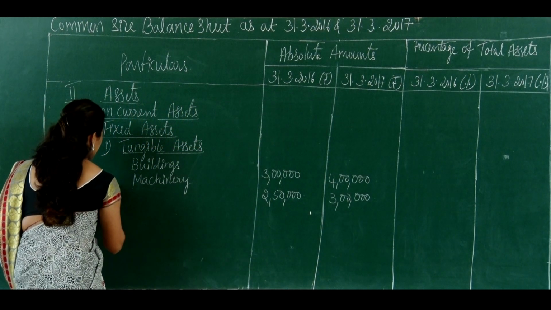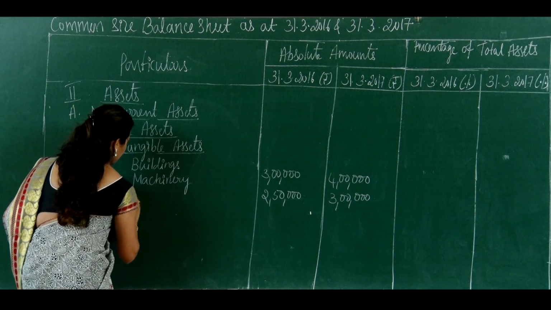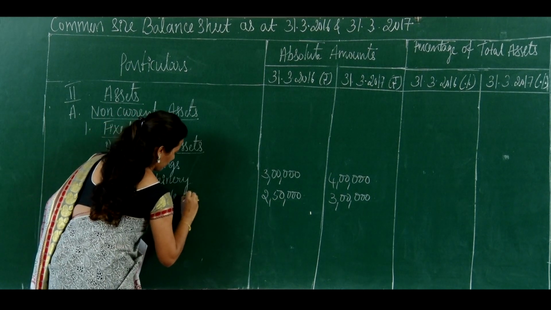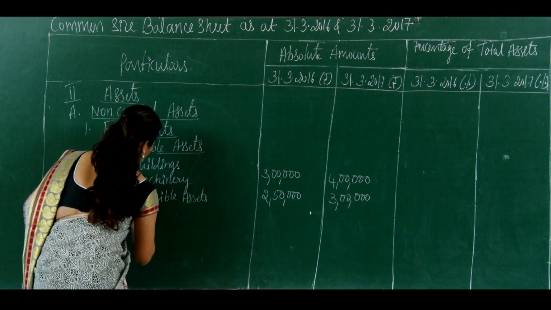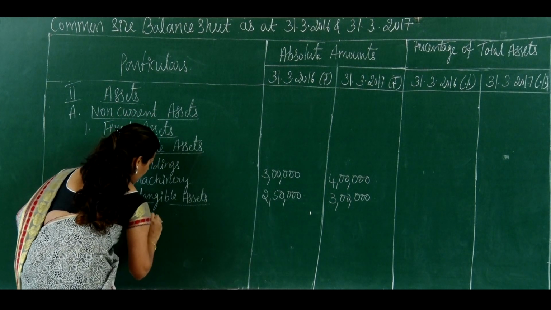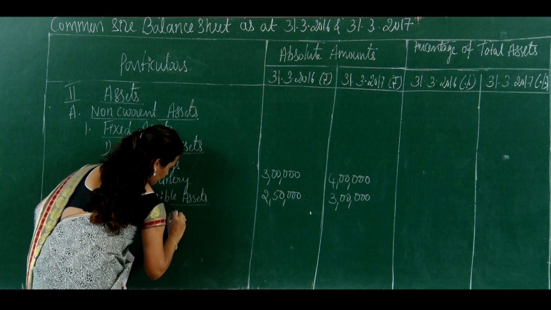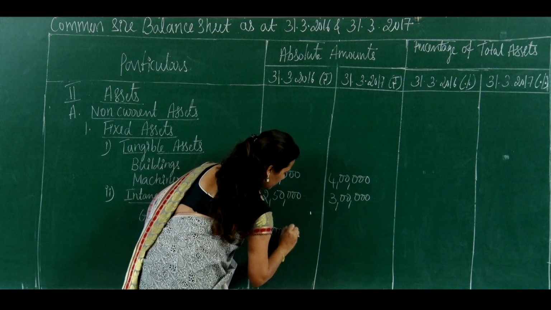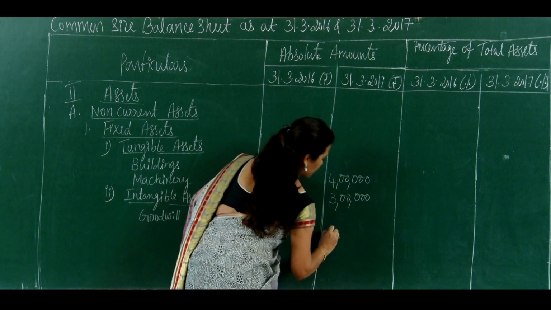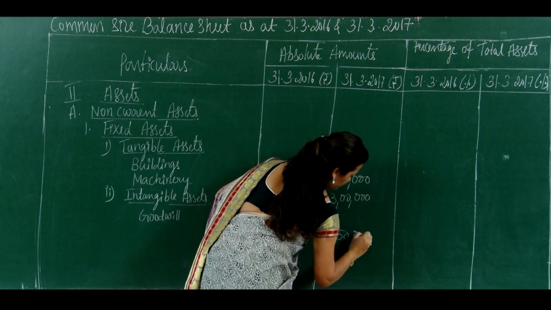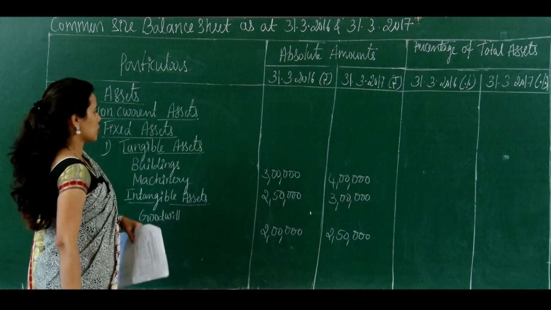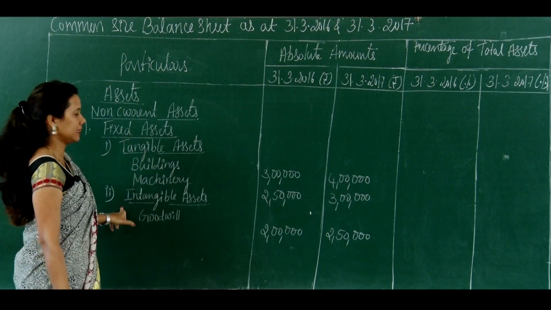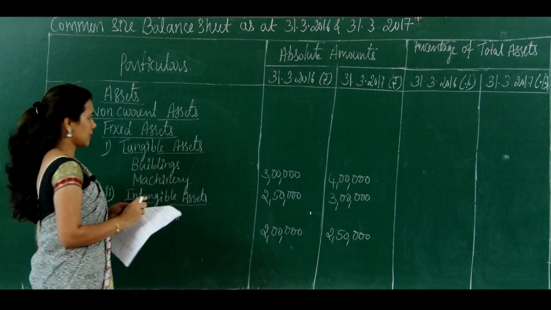Goodwill is an intangible asset. Two lakhs and 2,50,000. So, under non-current assets, we had fixed assets, under fixed we had tangible and intangible assets. Then finally, current assets.